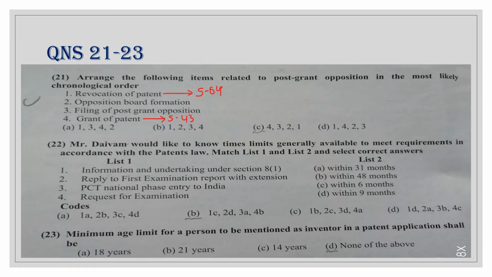So from this example, you can very well know that there is no age limit for applying for a patent. There may be some other formalities, such as a guardian, that we can discuss later. Okay, let us proceed.